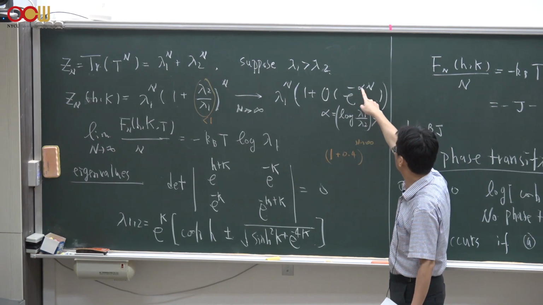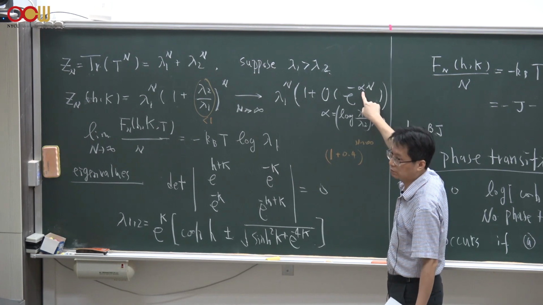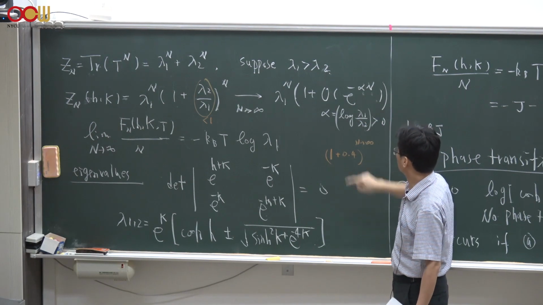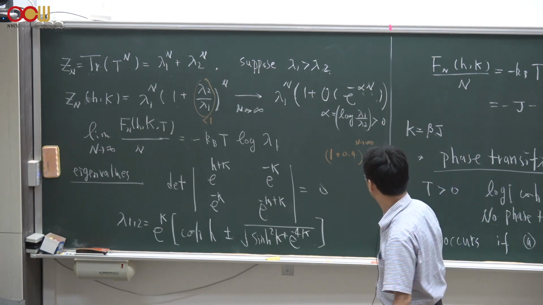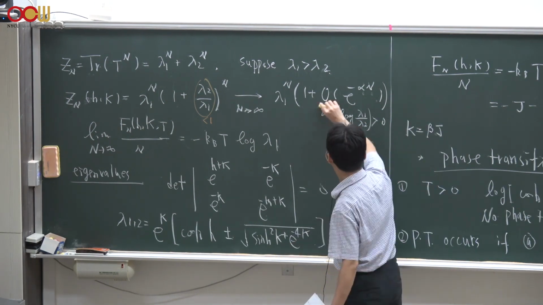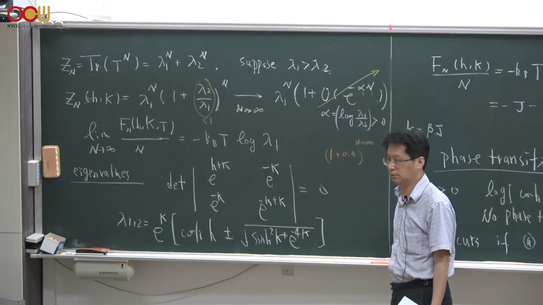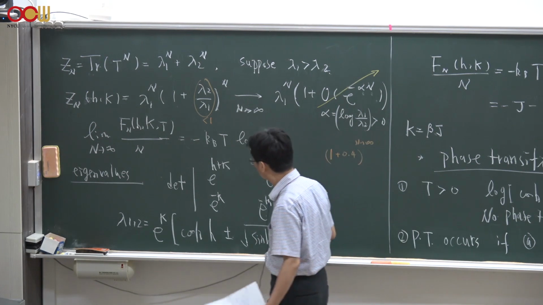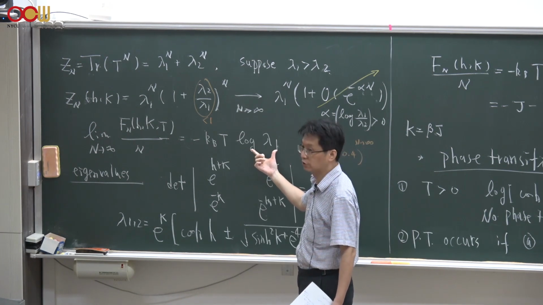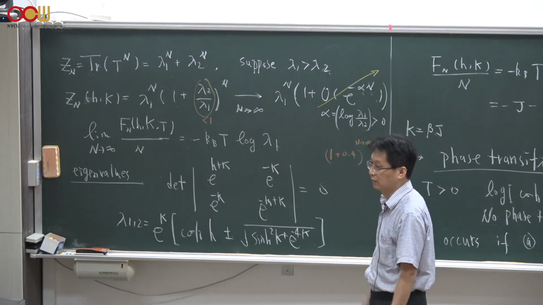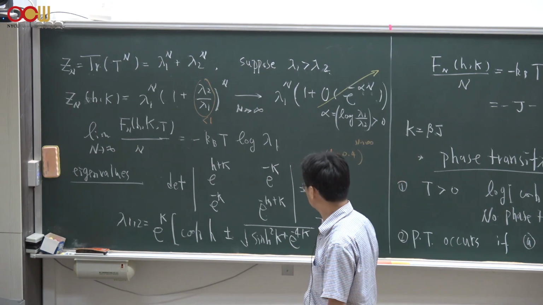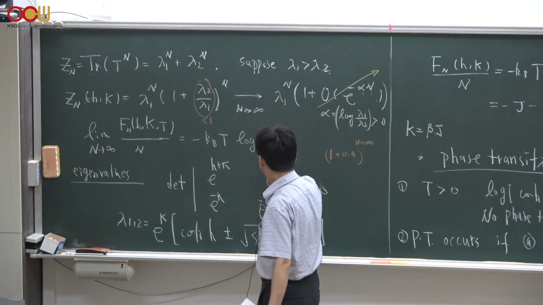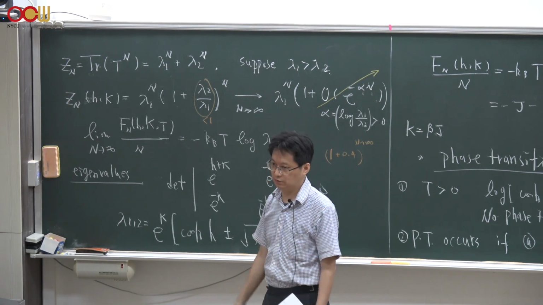And this is e to the minus alpha, which is a positive value, times n, which is infinity. So this e to the minus infinity is negligible. So we could simply forget about the second term in the thermodynamic limit. Therefore, in the thermodynamic limit, the partition function is determined entirely by this larger eigenvalue, lambda 1. And that's what I meant previously, that the statistical properties are determined solely by the larger eigenvalue, lambda 1.